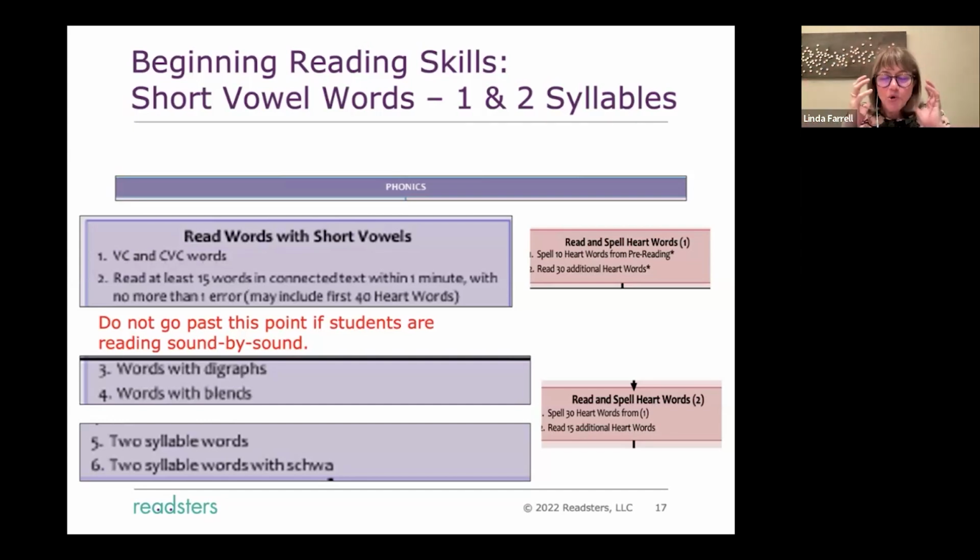It puts the brain into order so that it can get ready to deal with more irregularly spelled words. So when children can't read CVC words accurately and easily, don't move on in your intervention until they can, because they'll never master everything else if they aren't good at CVC.